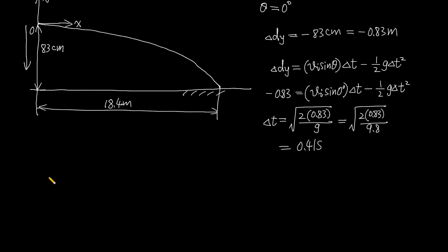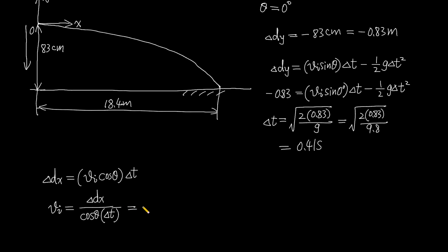We know this formula. The horizontal displacement equals the initial velocity multiply cosine theta multiply delta t. From this formula, we can know that the initial velocity equals the horizontal displacement over cosine theta multiply delta t.